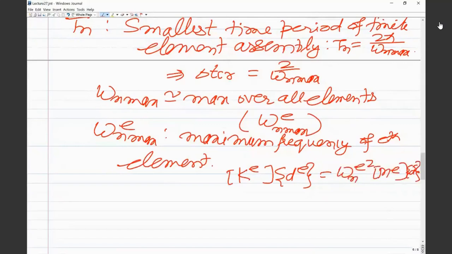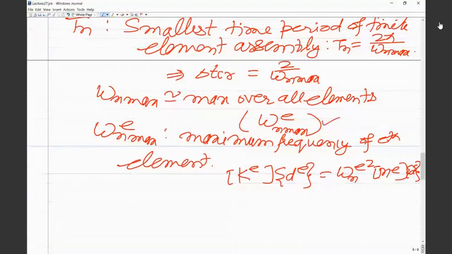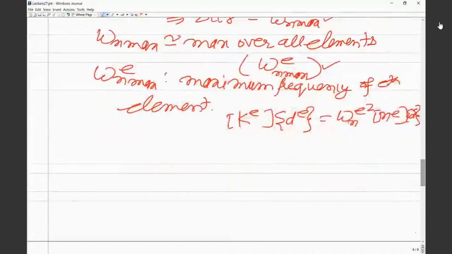We solve this eigenvalue problem and get the highest natural frequency, because the degrees of freedom for the element are smaller, so it is easier to solve for the eigenvalues. Then we find the maximum over all the elements and get omega n e max, then get the delta t critical, and then you use a delta t which is equal to or smaller than this delta t critical, and solve the problem.